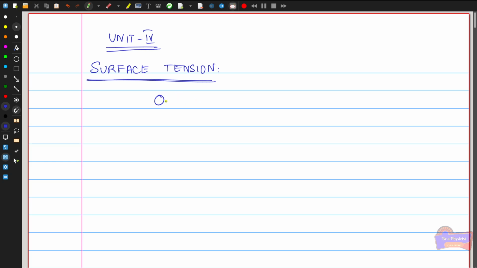This surface tension, as I told you, is a fundamental property of any liquid, and you can see many everyday real-world examples of it. For example, when a glass rod is dipped in water and taken outside, you can see a few droplets of water sticking to the end of the rod.